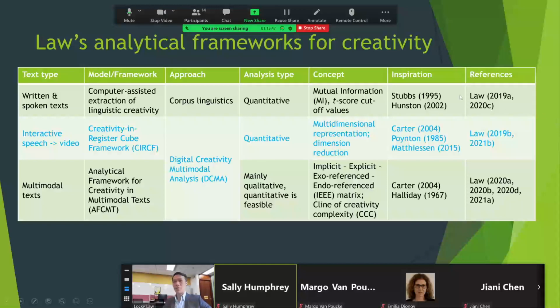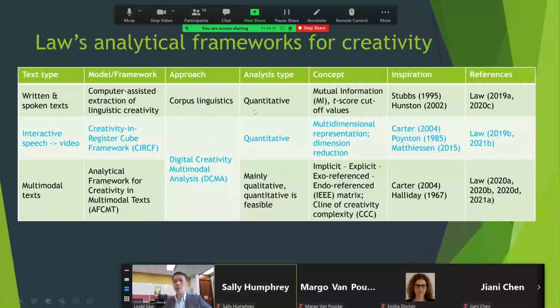And this is a table that summarizes all my framework approaches, analysis type, concepts, and inspirations, where I got that from, and my work on these models or frameworks. Today, I'm going to mainly focus on the ones that are related to digital creativity multimodal analysis, DCMA, because they are for SFL linguists.